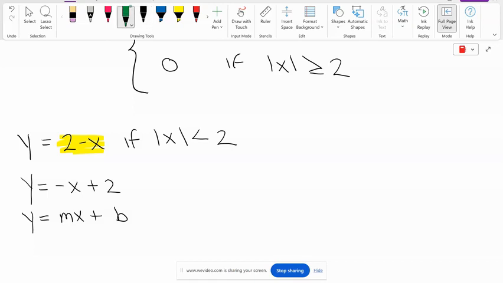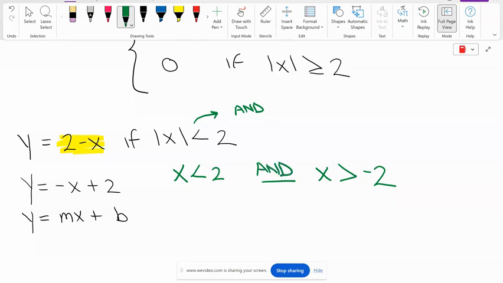So this is going to be x is less than 2, and then some word, and x will be greater than the negation of whatever number that is. Now remember, if it were a less than, it was going to be an and problem. And if it were greater than, it was going to be an or problem. So this is x is less than 2 and greater than negative 2.